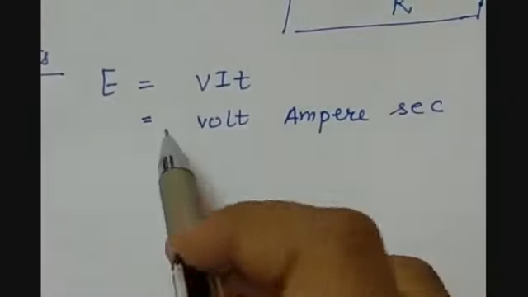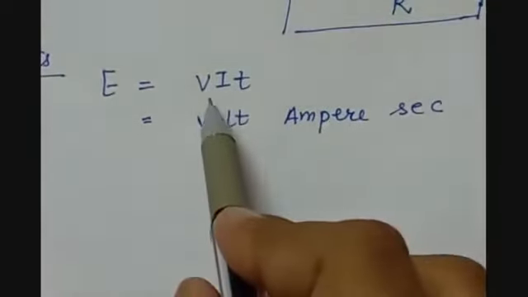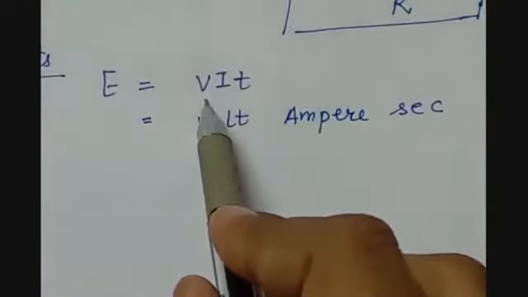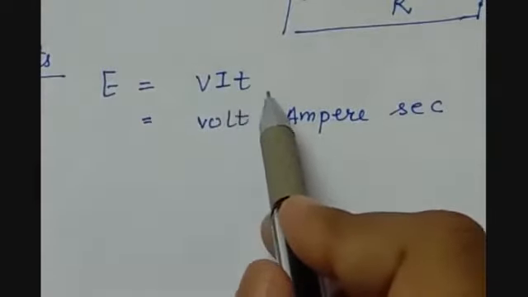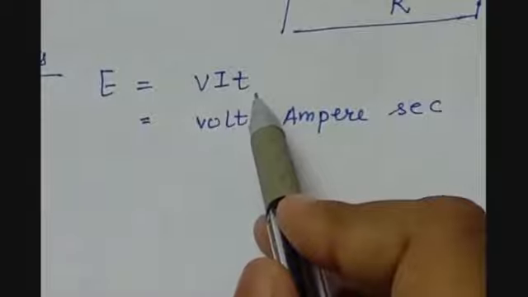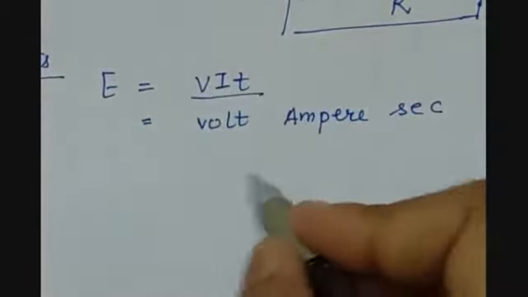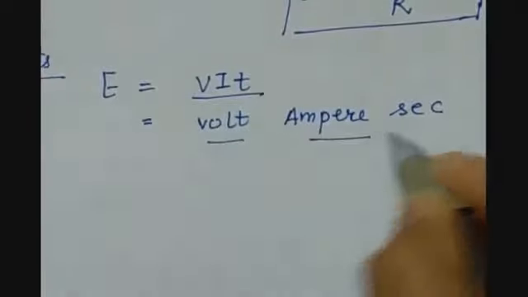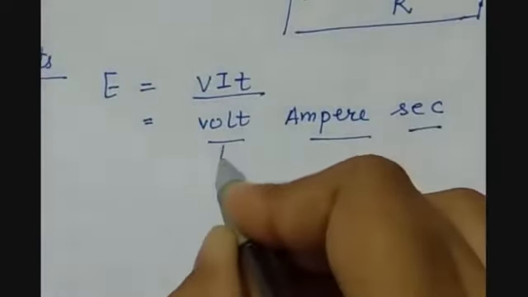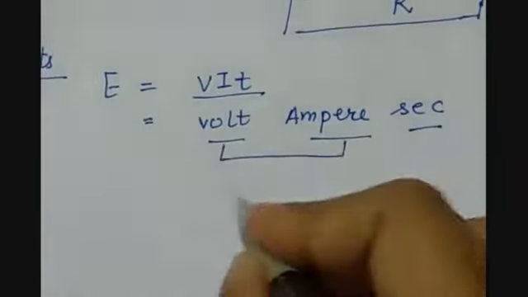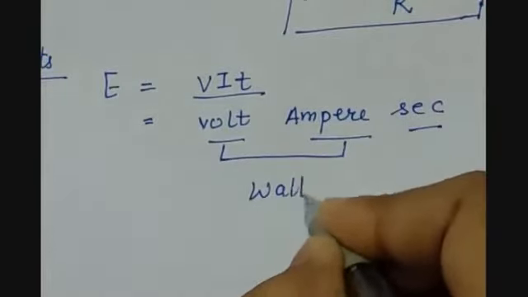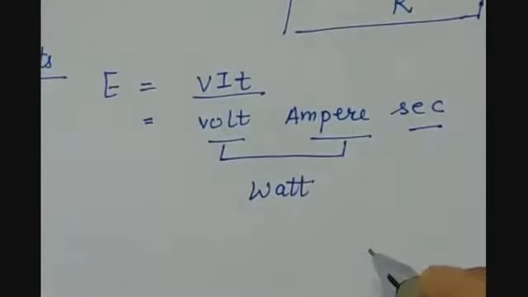Because the units of electric energy depend on the voltage, the potential difference, the current flowing in the circuit, and the time for which the current is flowing in the circuit, we have volt, ampere, second. Volt ampere together are called watt, W-A-T-T.